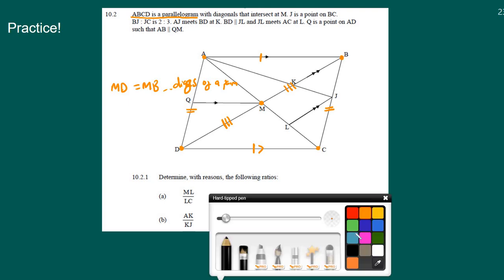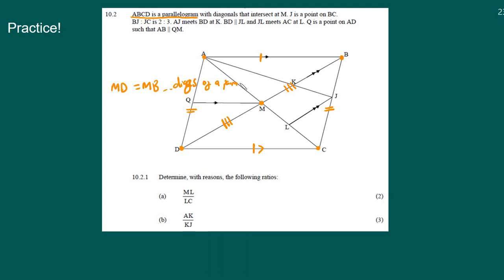And another one that you should realize is that AM is equal to MC. Remember, you are going to say diagonals of a parallelogram, right? Very nice.